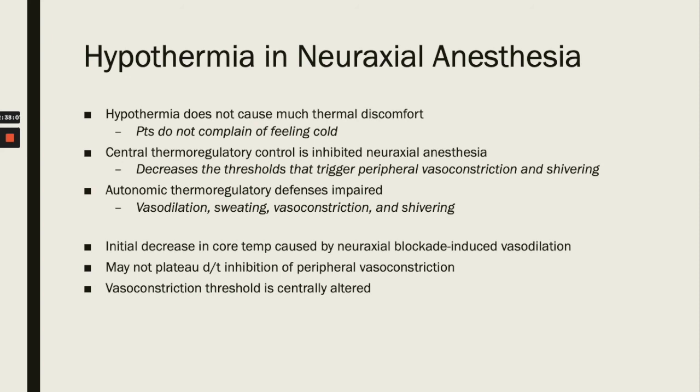An initial decrease in core temperature is caused by neuraxial blockade-induced vasodilation. And these patients may not plateau due to inhibition of the peripheral vasoconstriction. Like we saw in hypothermia with general anesthesia, the patients eventually hit a plateau phase and they vasoconstrict in the periphery.